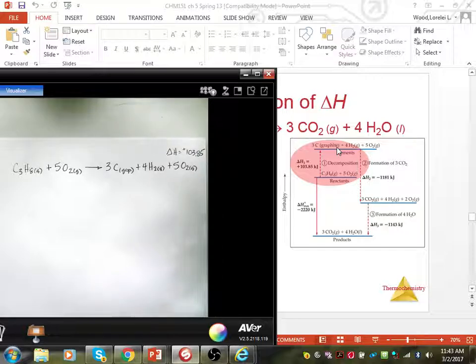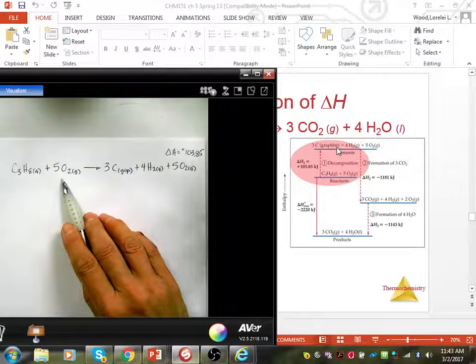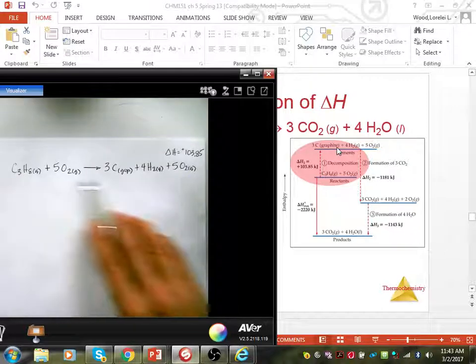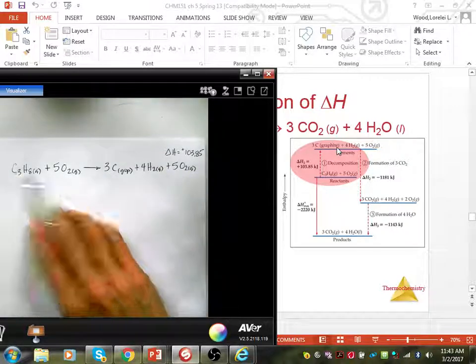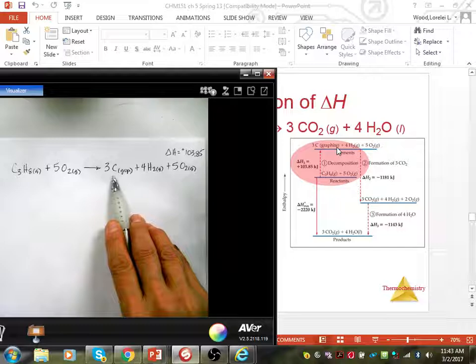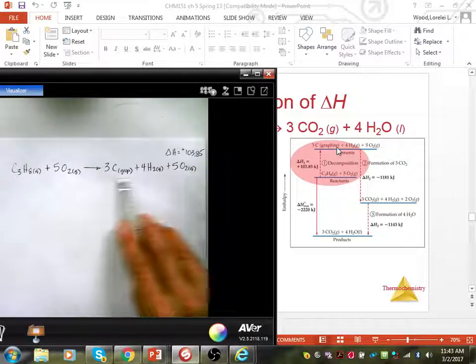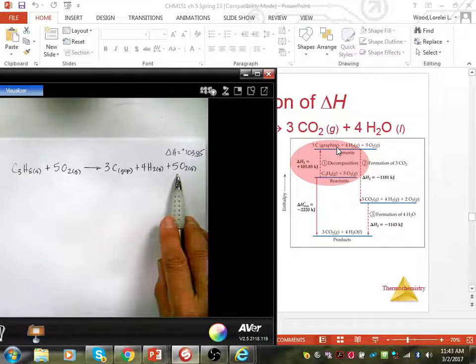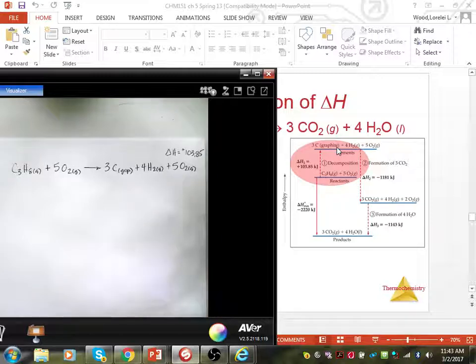So it cost you energy to take that C3H8 and use the 5O2 to decompose the C3H8. This is not a combustion reaction, right? This is decomposition. You're taking the C3H8 and you're breaking it up into 3 Cs, 4 H2s, and 5 O2. So that's the first part of the reaction.